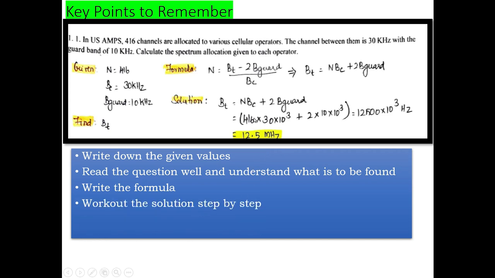And the most important thing is to highlight the answer. So once you have got the answer, highlight it clearly. So for this particular question, they have asked only one value. If at all they are asking 2 or 3 values, at the end of the problem, write down all the answers that you have found out and highlight them neatly. You can use a box to highlight the answer.